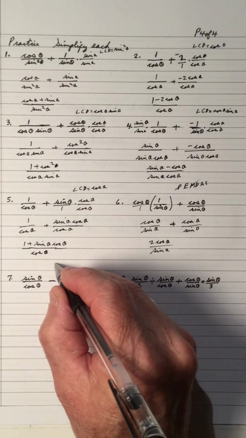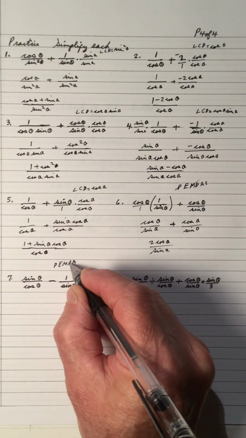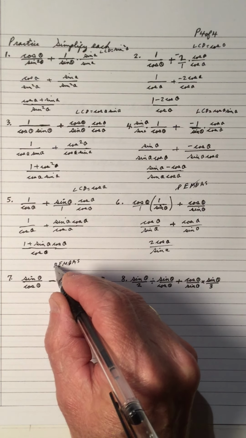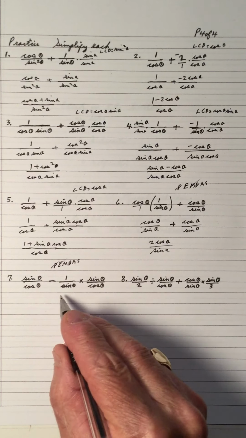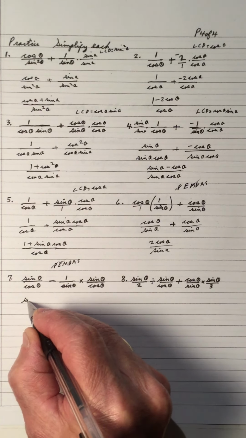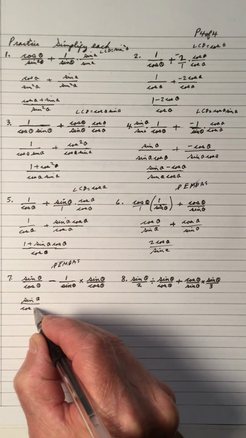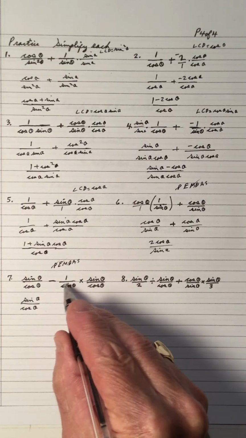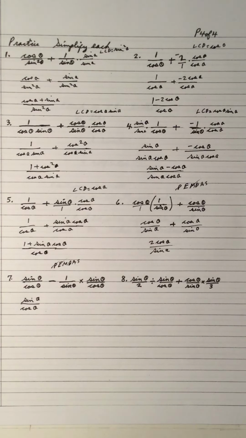Okay, and we got PEMDAS again. There's no brackets, no exponents, but we have to multiply before we subtract. So we got sine theta over cos theta, and we're multiplying these two. And notice when we multiply fractions, we can cancel.